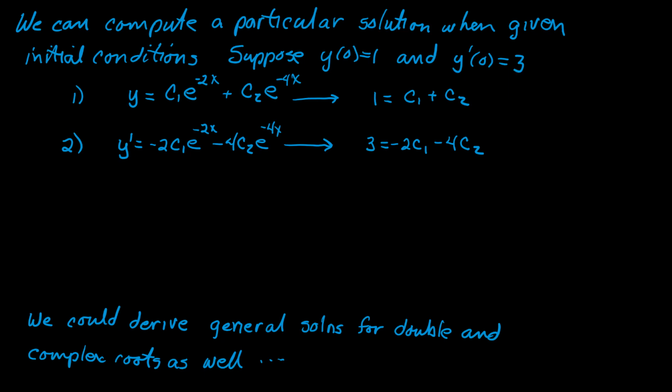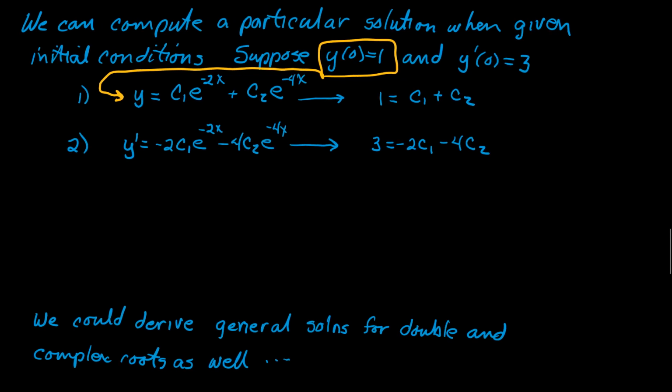Well, I can compute the function itself. I want that because I have some information about y. So I'm going to look at y equals our general solution. It's right there. When I have this, I know that the y value is 1. We're given that, 1, when the x value is 0.